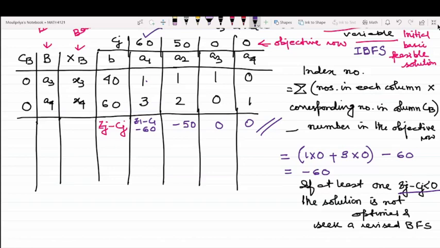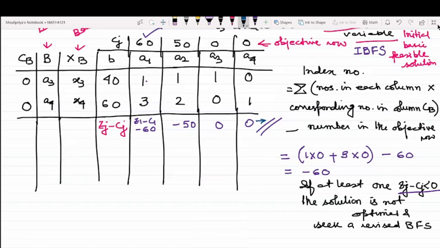So now we need to revise the given table so that we get a new basic feasible solution. How do we revise it? We pick up the minimum most number in the index row. This is the index row. What is the minimum most number in the index row? We calculated Zj minus Cj, which is giving us the minimum most value.